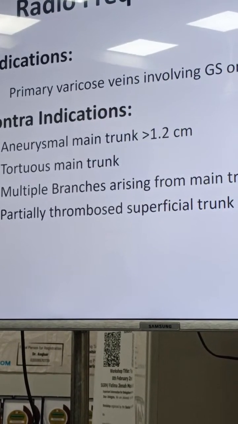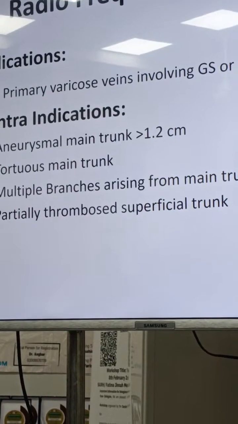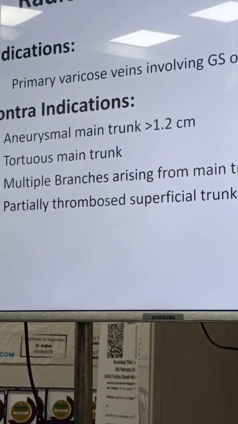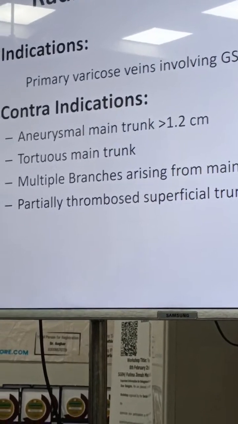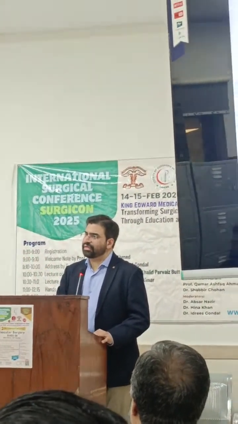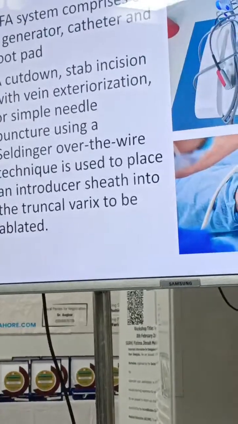Multiple branches again pose a hindrance, as once you are maneuvering your catheter inside the vein, despite a good caliber, the branches invite that catheter into them and your junction is missed. Or the vein is partially thrombosed. So all these are contraindications.